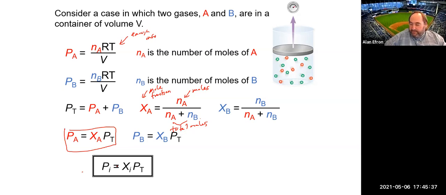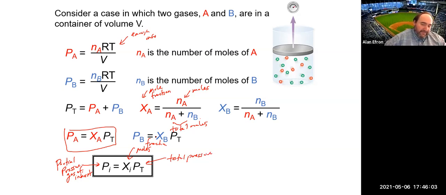This is the partial pressure of the gas you're interested in. So that's the partial pressure of the gas of interest is equal to the mole fraction of that gas times the total pressure.